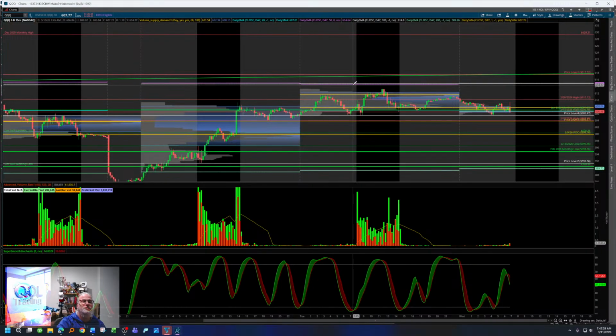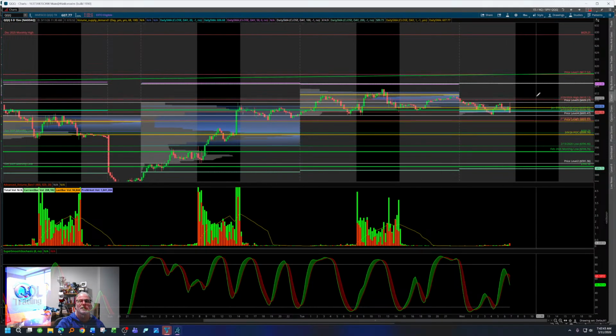On the upside, if you do get some push, let's take a look at this here. This is Monday. You're going to want to get above that 609.27 and hold strongly to get some more upside. And then you have this 50-day moving average at 614.64 to push into.